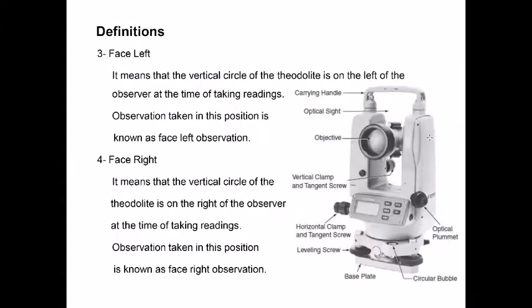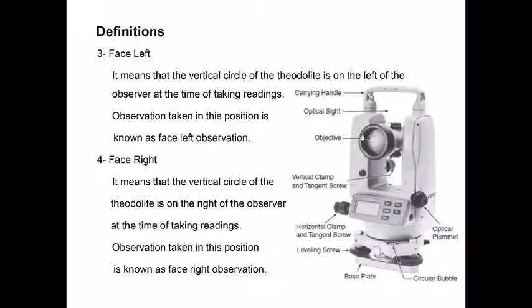What that results in is the change of face of your theodolite. So we have face left and face right. This is the part of the theodolite called the vertical circle, an inbuilt feature in the instrument that tells you that the instrument is leveled in the vertical plane, or you could say that the vertical axis and horizontal axis are at 90 degrees.